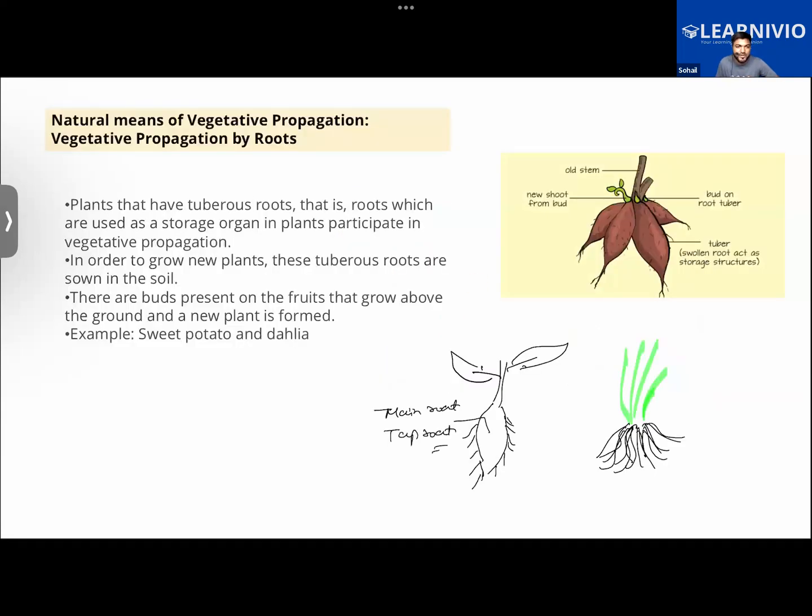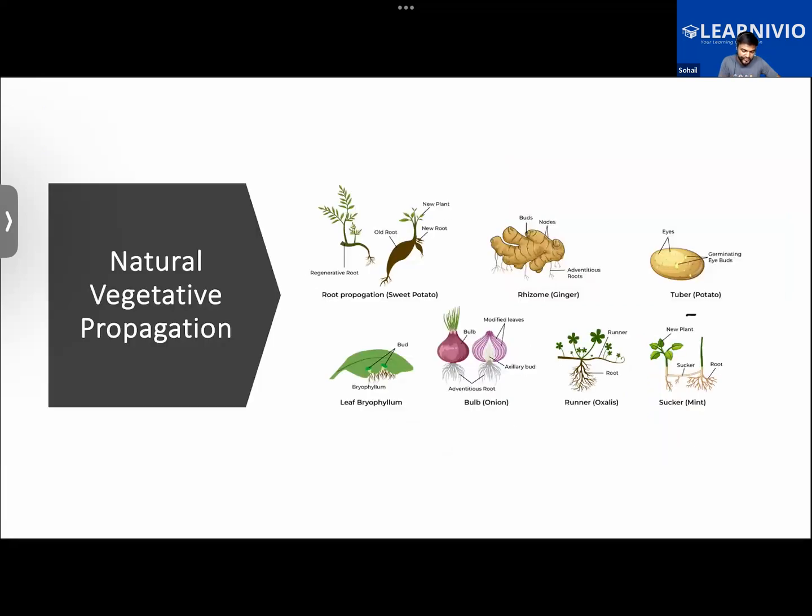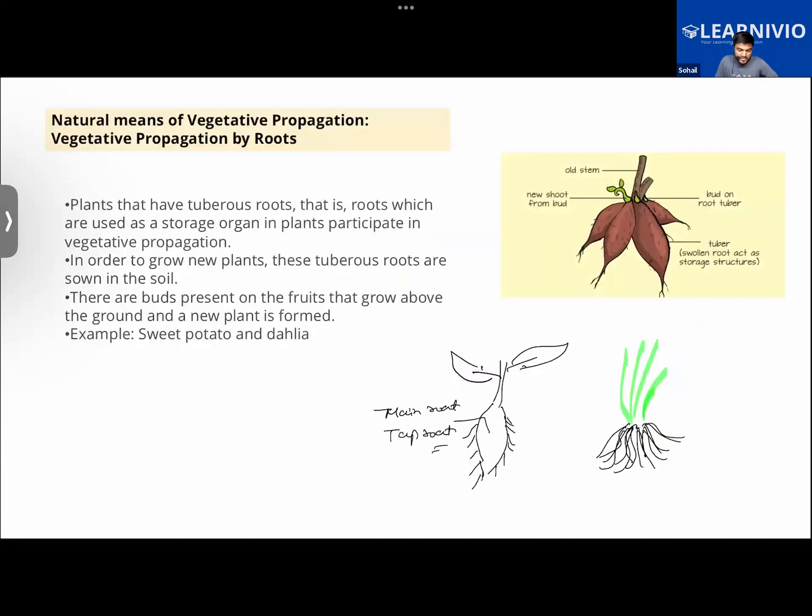Talking about the root, we learned that new plants can grow out of the vegetative parts of a plant, like from the root, from the leaves, and from the stems. Also, this can happen in the natural manner, and it can happen due to human intervention also. If we are manually doing it, then it will be called artificial vegetative propagation.